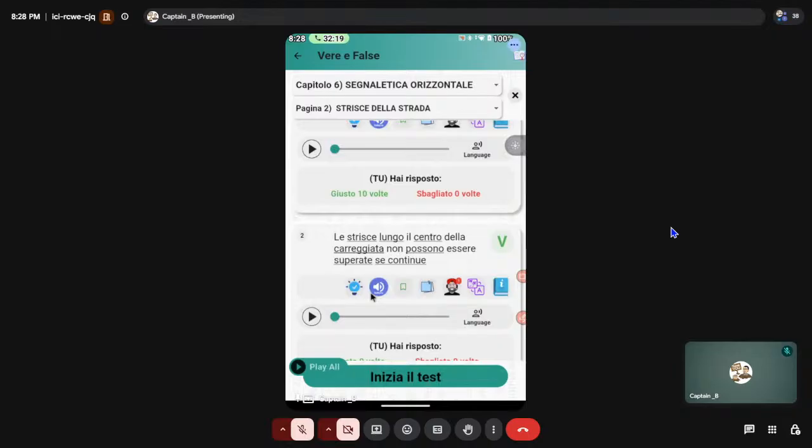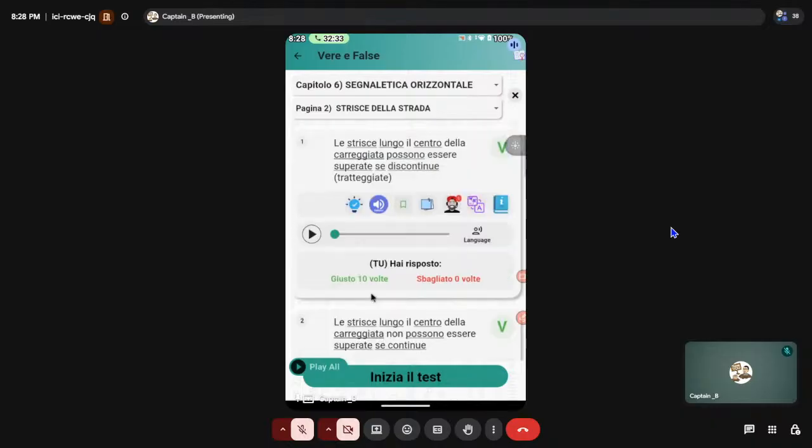Number two. Le strisce lungo il centro della carreggiata non possono essere superate se continue? Attention. Now look at these two things here. What's the difference you see?